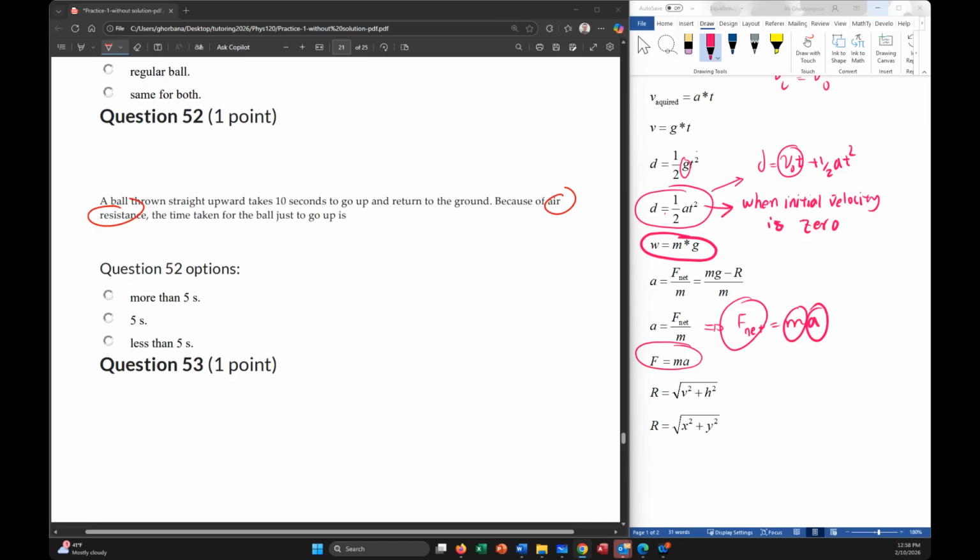Which one? I think I would go less than. Why less than? The resistance is greater than.